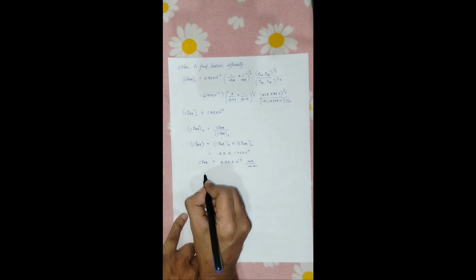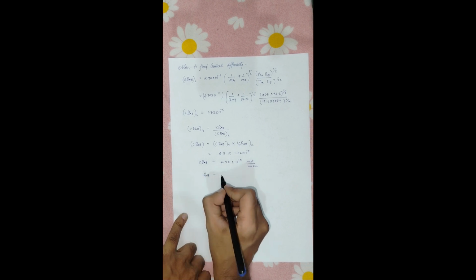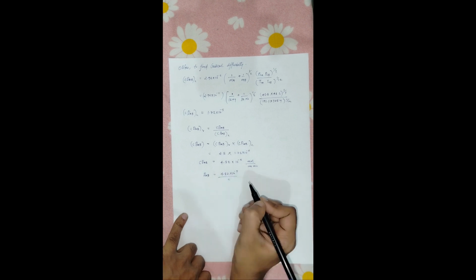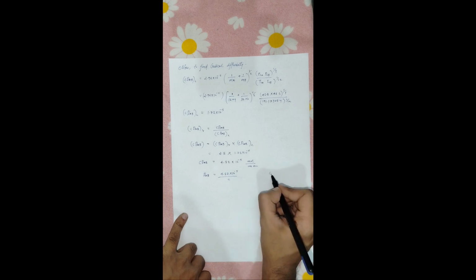So we have got this as CDAB, but we want only diffusivity. We don't want C, so we'll take C down. Here C stands for P by RT.